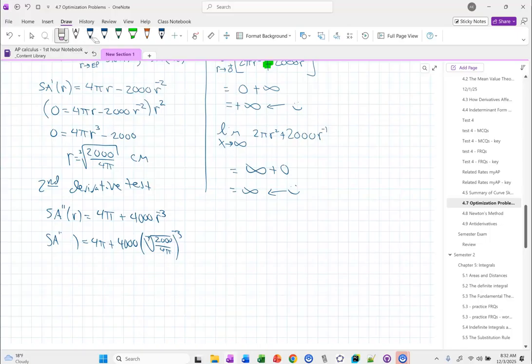Now, what do I care about when I plug this in for a second derivative test? I just care about if it's positive or negative. What is that going to come out to be? Positive. How do you know? All the components are positive and you're adding, right? There's nothing else that can happen. It has to be positive.